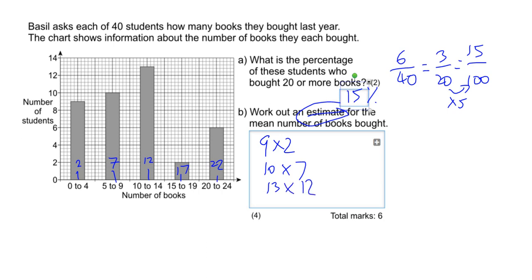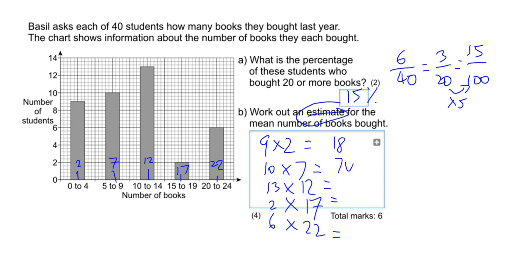That's an awful lot of books. Here, I have 2 people and they each bought 17 books, and then 6 people who each bought 22 books. Well, I need to add all of those up and work out how many books in total we think they bought. So 9 twos, 18.